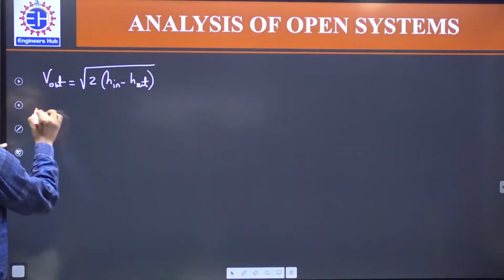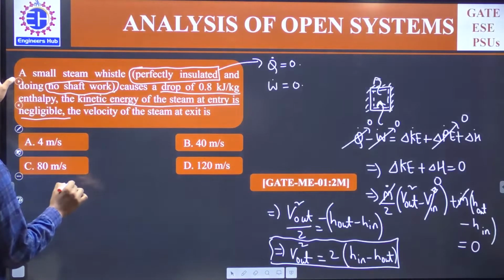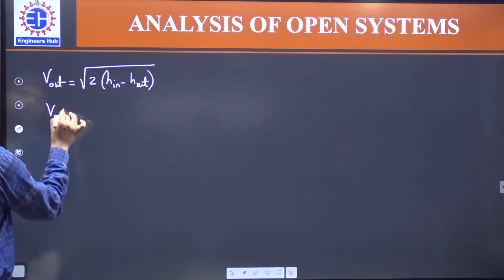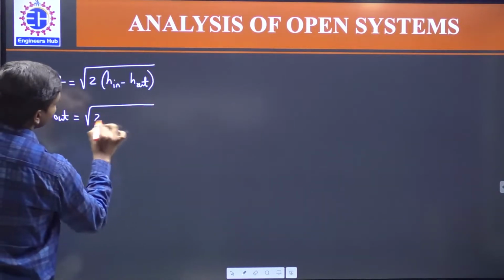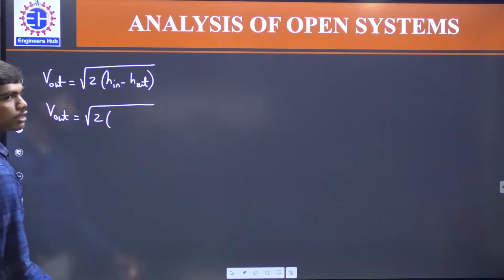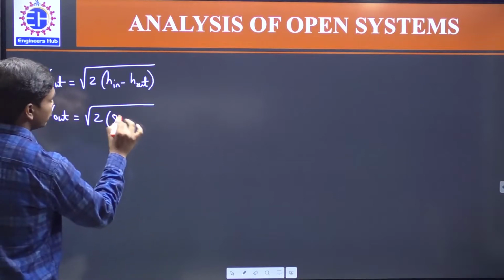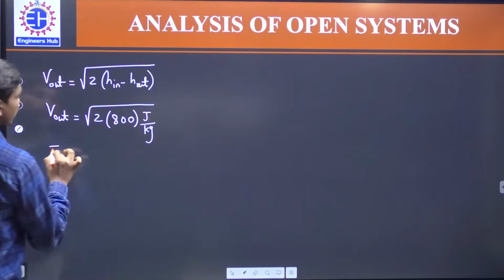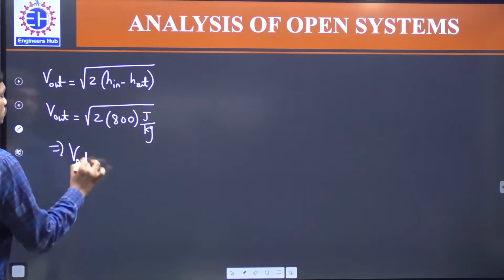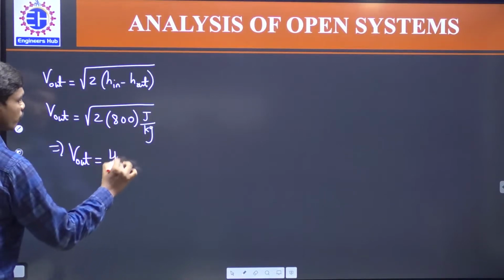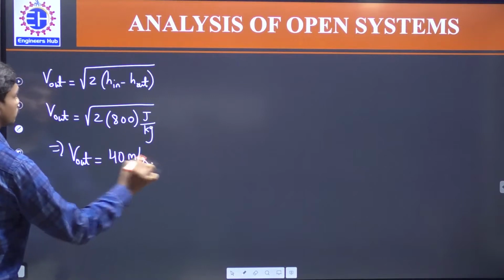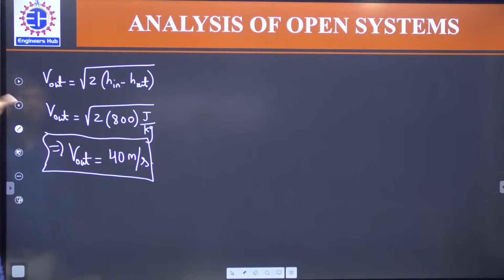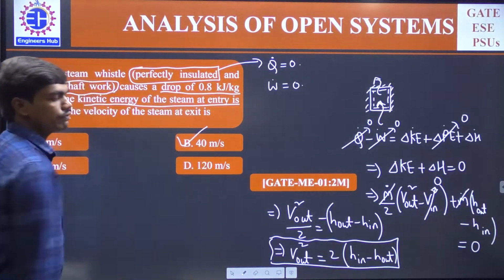So V out is equal to square root of 2 into, it's given the enthalpy drop is 0.8 kilojoules. 0.8 kilojoules corresponds to 800 joules per kg. So if you calculate this value, V out is equal to square root of 1600, which is 40 meters per second. So this is the exit velocity of steam from the steam vessel.